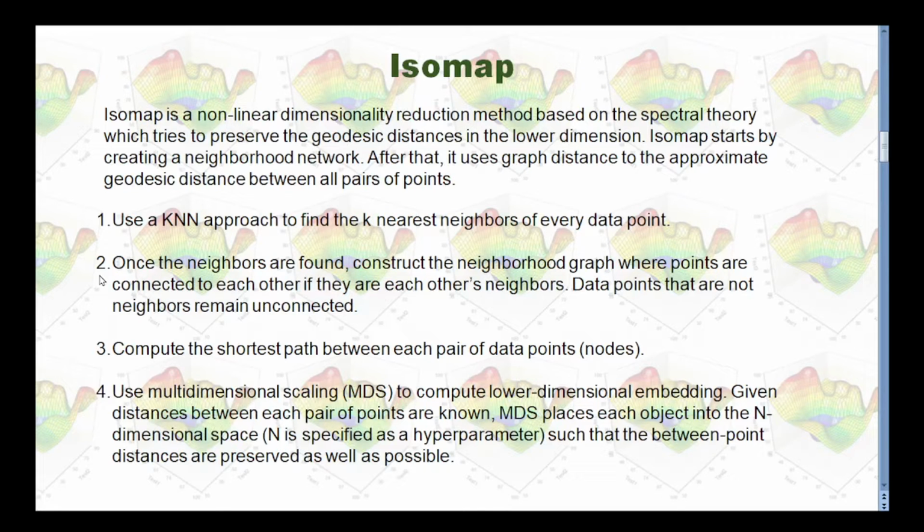And then, once the neighbors are found, construct a neighborhood graph where points are connected to each other if they are each other's neighbors. Remember, we have a parameter k here. This is the restriction. The data points that are not neighbors remain unconnected.